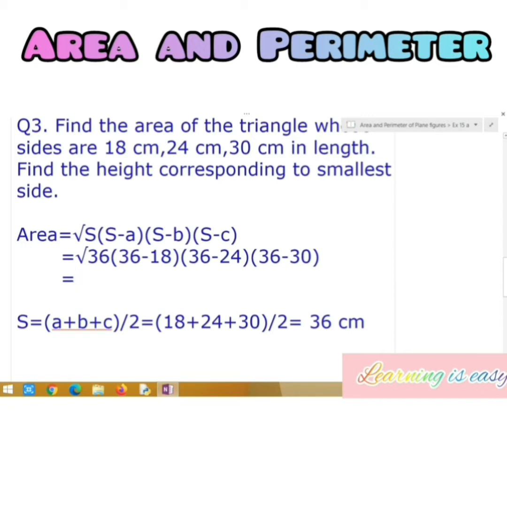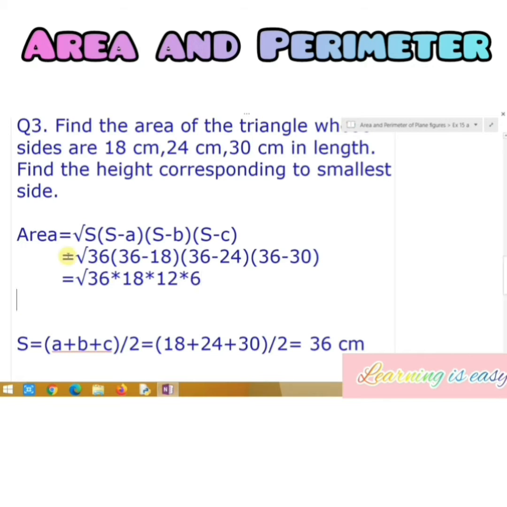That's square root of 36 minus 18, which is 18, 36 minus 24 is 12, 36 minus 30 is 6. By multiplying all this and removing the square root, we get the area as 216 centimeters square.